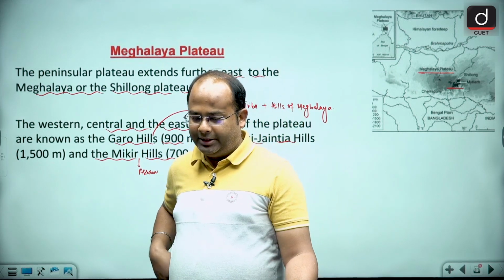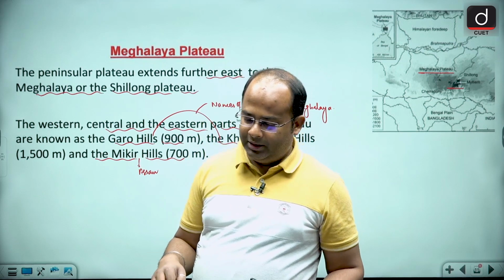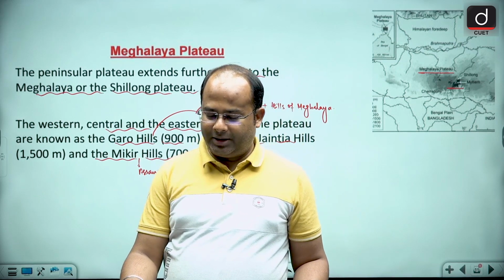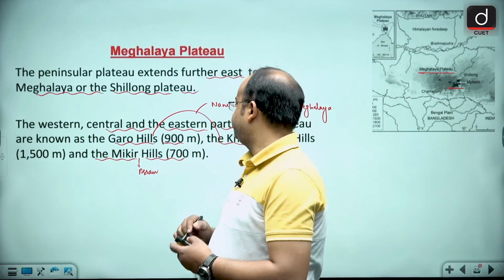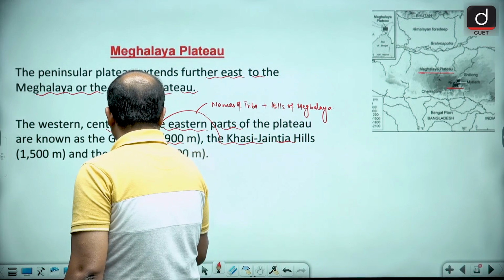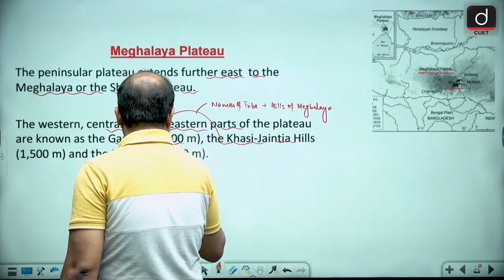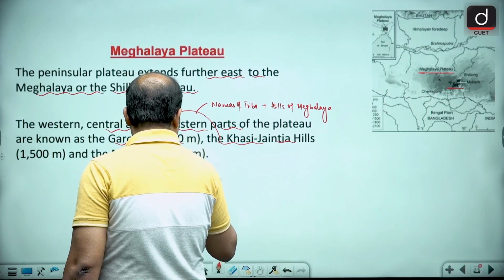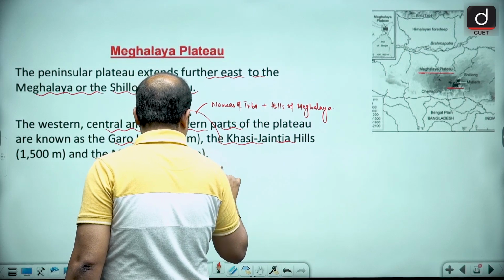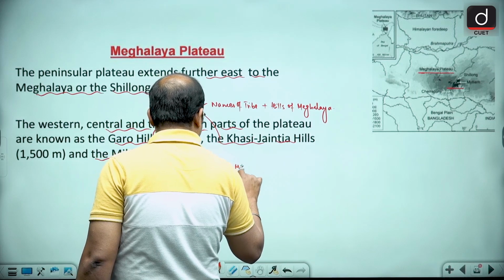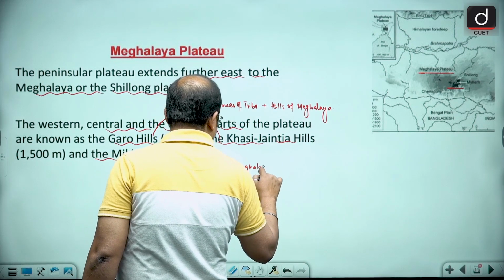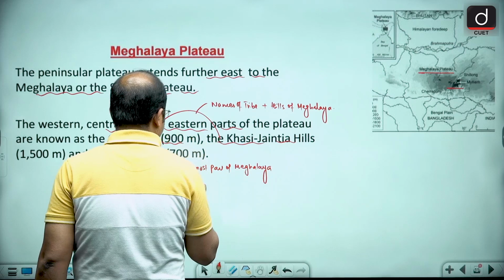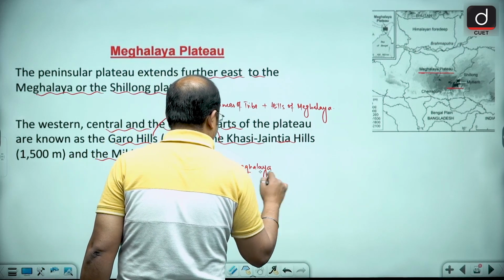It is a group of hills located in the southern part of Kaziranga National Park, on the easternmost part of Meghalaya.